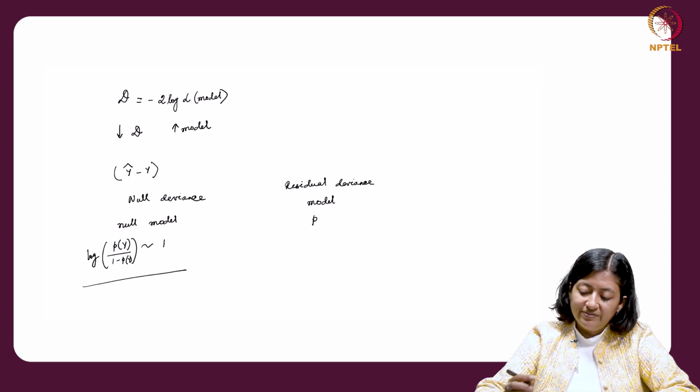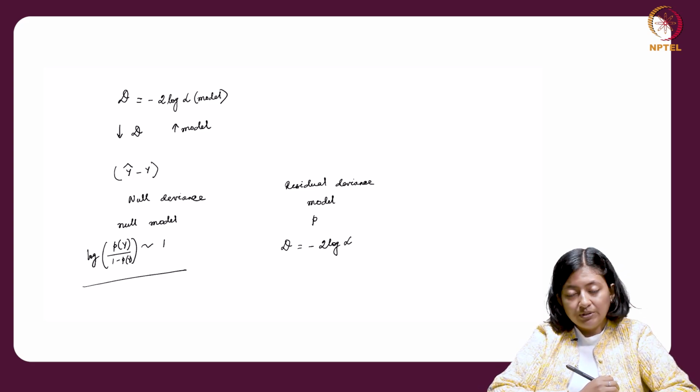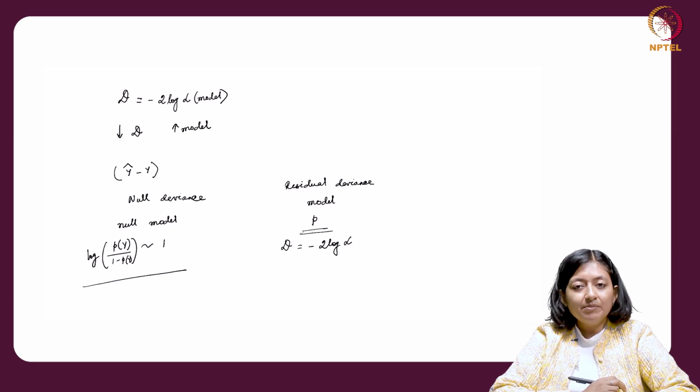And residual deviance is minus 2 times log likelihood of this full model. Residual deviance tells us how well the response variable or the target feature can be modeled using the p predictor variables. Of course, lower the deviance, better the model.